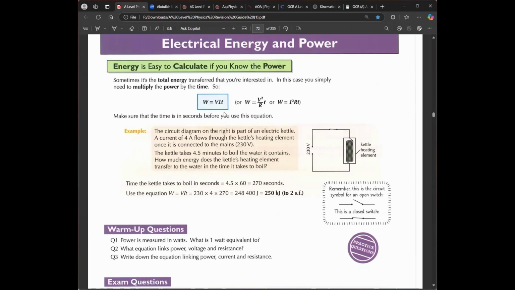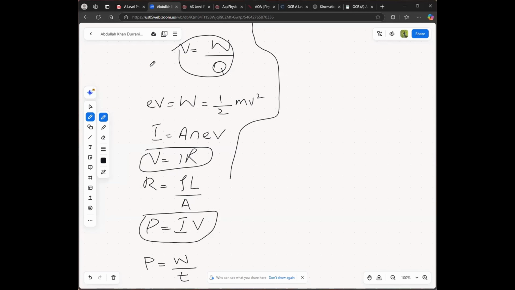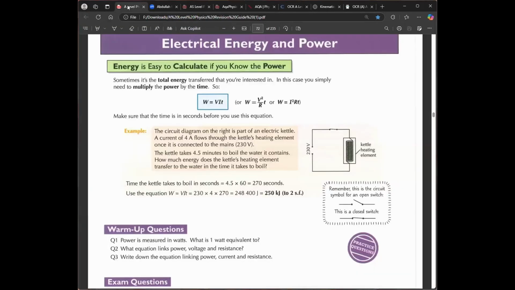I think the way to go for this is P equals IV, where you replace V by W over Q. Or maybe, if you have to reach this equation, it would be better to talk about it in terms of work done per unit time.